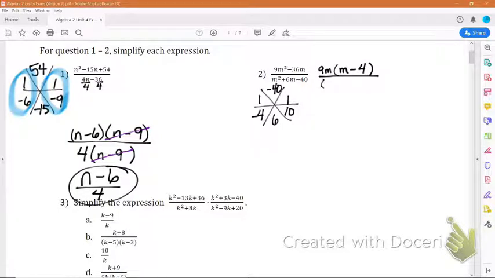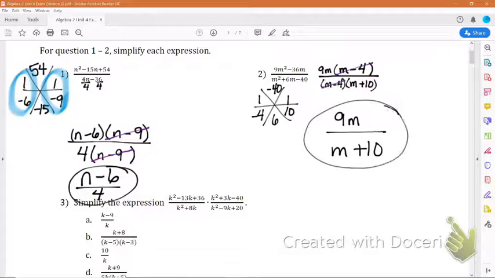That means my factors are m minus 4 and m plus 10. Perfect. So our m minus 4s on top and on bottom are going to cancel. And that leaves us with 9m on the top and m plus 10 on the bottom.